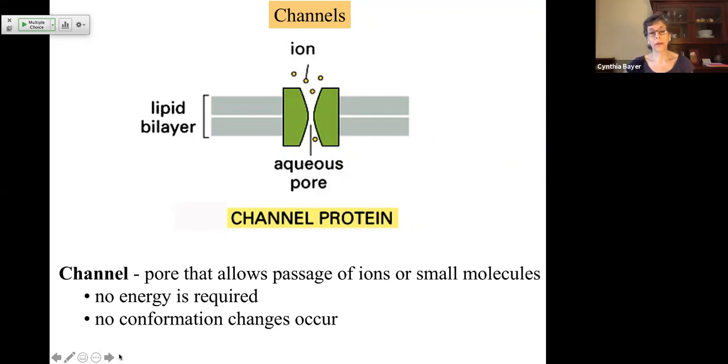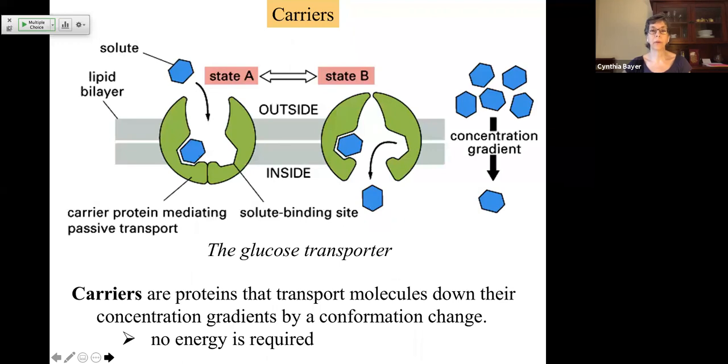In contrast, again, where we left off on Wednesday, we have our carrier proteins. And a carrier transporter protein works in a different way. It will be specific for a particular type of molecule, for example, a glucose molecule that is too big and too polar to be able to move across that lipid bilayer, but that glucose has a binding site in that protein.